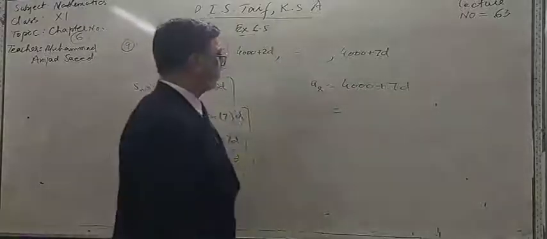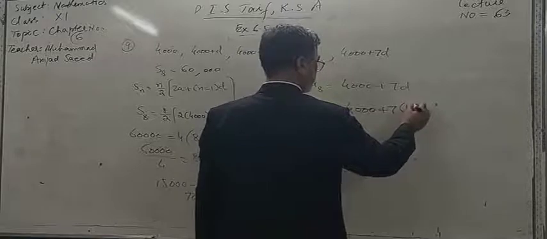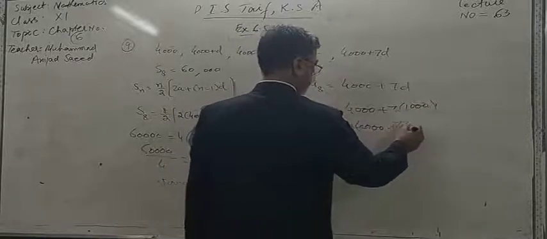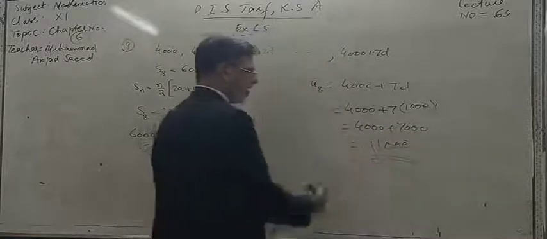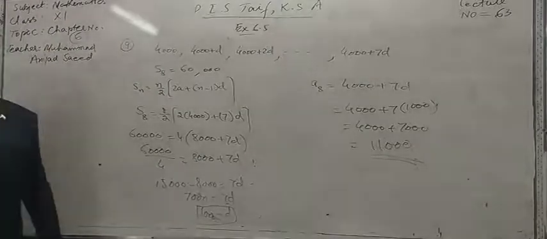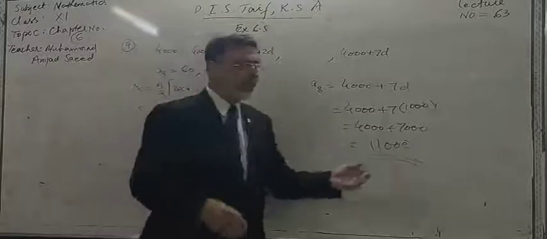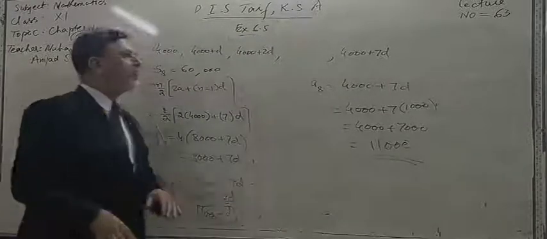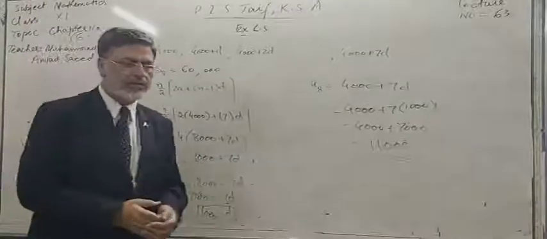That is 4,000 plus 7 into 1,000, that is 4,000 plus 7,000, that is equal to 11,000. Dear students, the top position team out of 8 teams will get a reward amount of 11,000 and the lowest performing team will get 4,000. I hope that you understood this question.